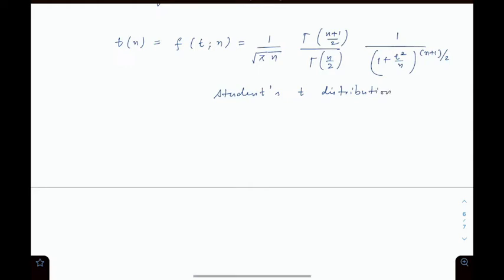If you look at its properties, the mean is 0 for n greater than 1. The variance is n by n minus 2 for n greater than 2.